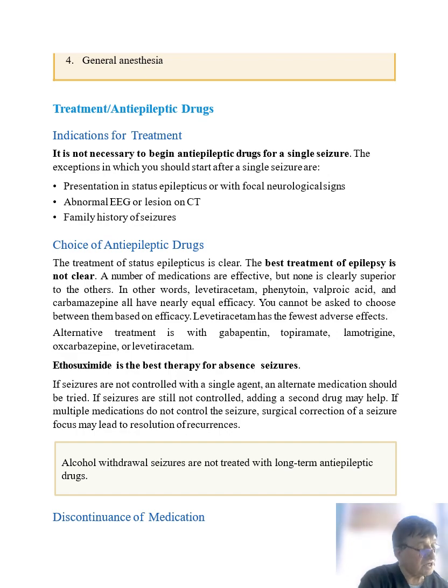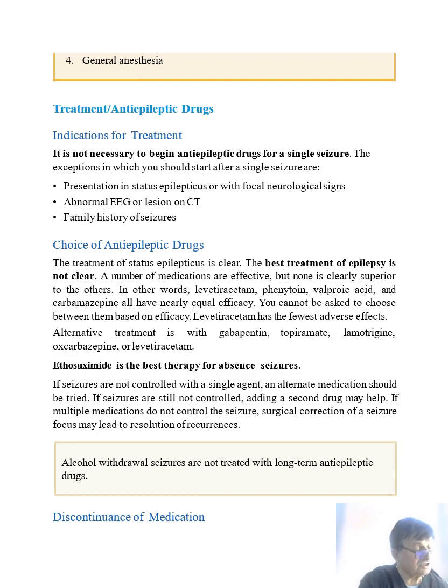How do we choose the anti-epileptic drugs? The treatment of status epilepticus is clear. The best treatment for epilepsy is not clear. A number of medications are effective, but none is superior to the others.